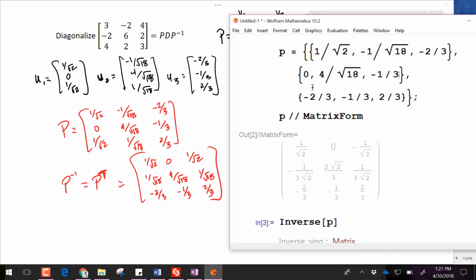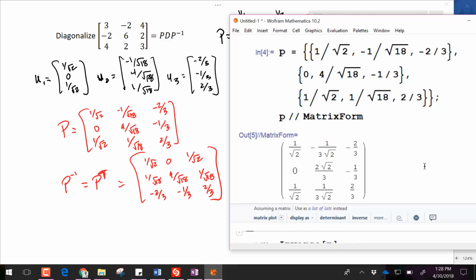And then let me put the 1/18 here. Yeah, so I'm entering them as rows, so now I have rows.